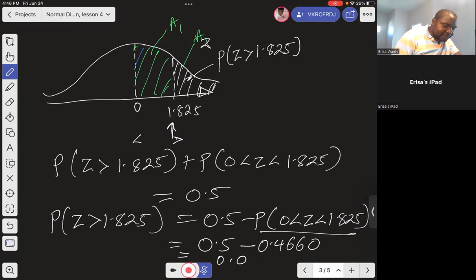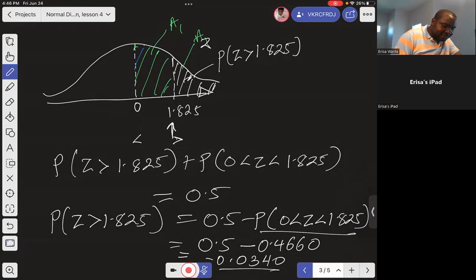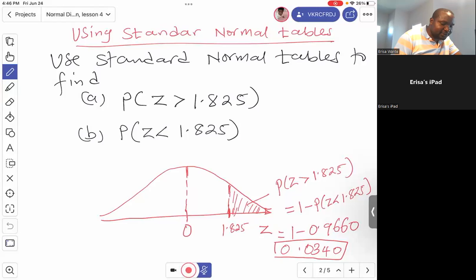So it's 0.0340, which is exactly the same probability we got in the first case.